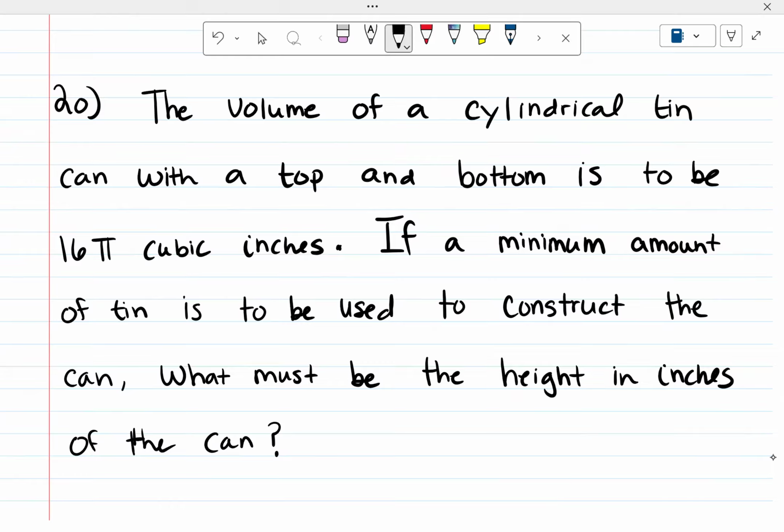Okay, we only have 2 more word problems, and then we're done.